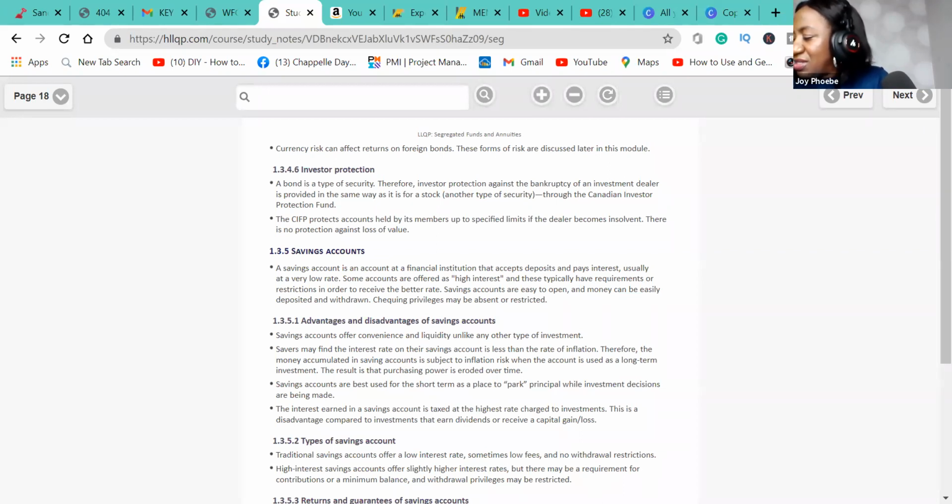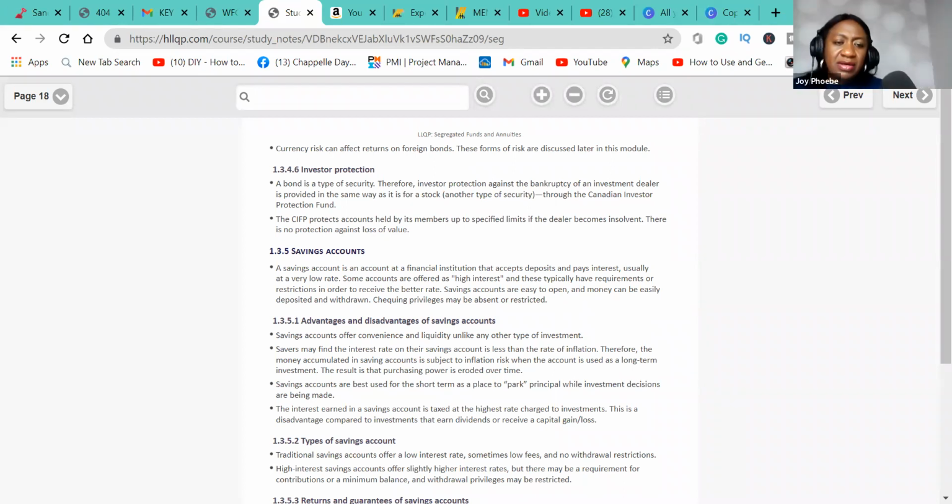All these are types of investment options. We just finished the fourth one, which is bonds, so we're moving on to the next one, which is savings.